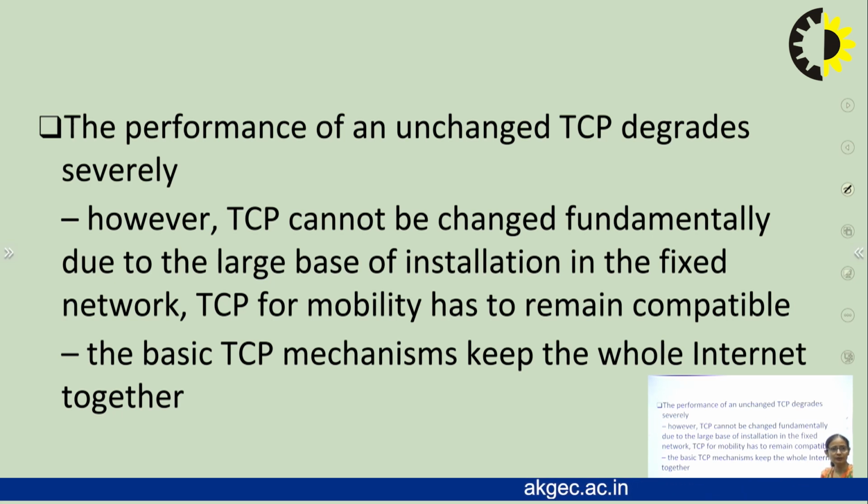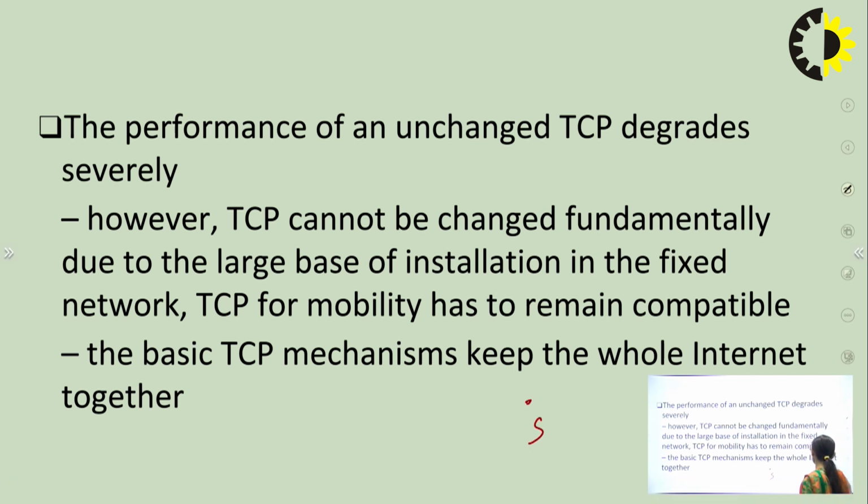However, TCP cannot be changed fundamentally due to the large base of installation in the fixed network. TCP for mobility has to remain compatible. As we have seen, when a sender is sending data to a receiving end, our network may be divided into two parts.